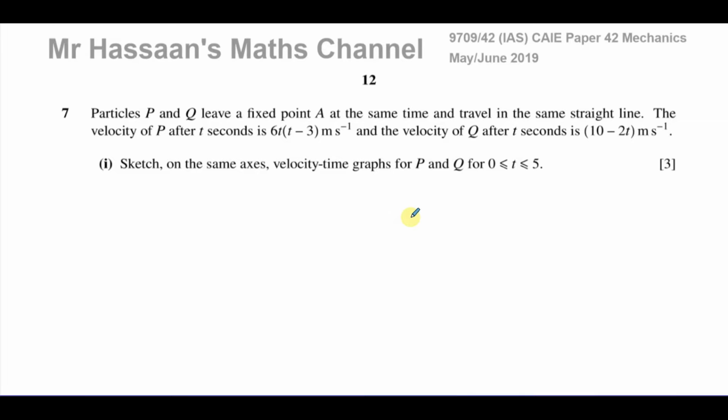This question is about variable acceleration. We have particles P and Q, which leave a fixed point A at the same time and travel in the same straight line.